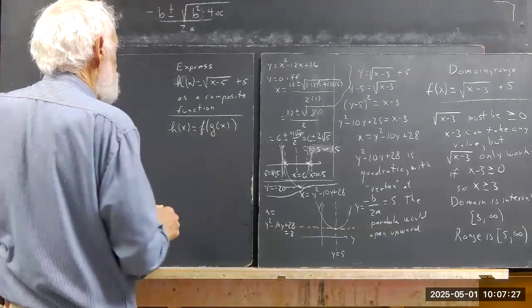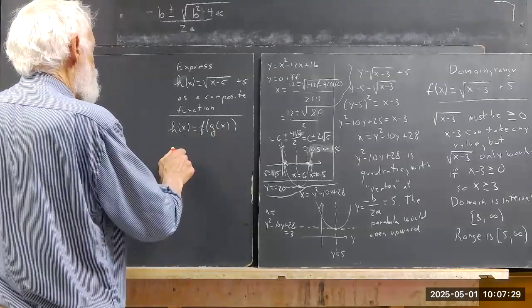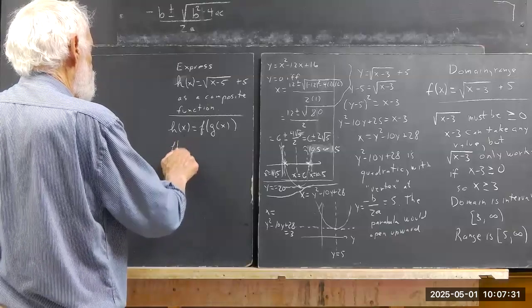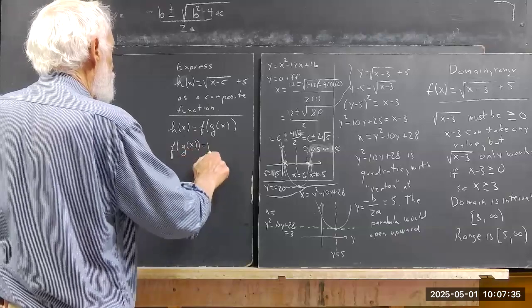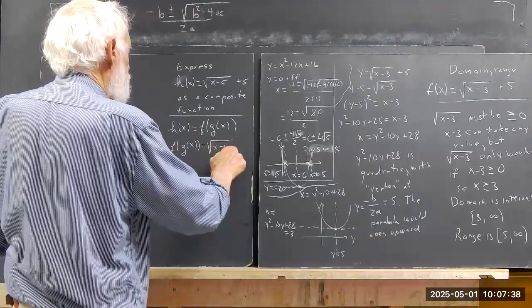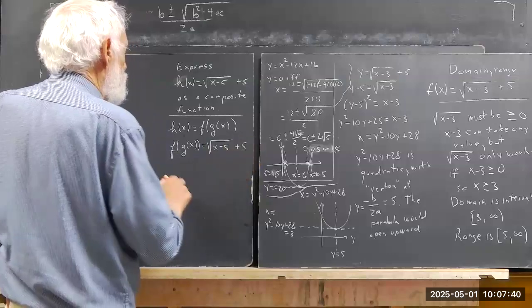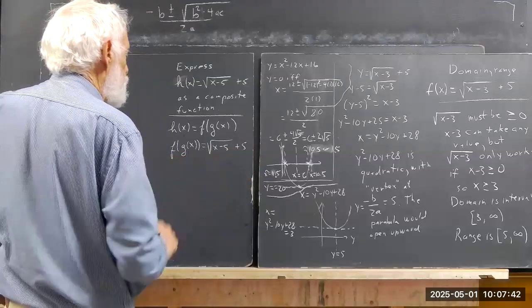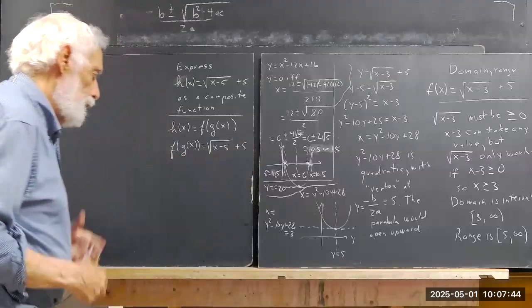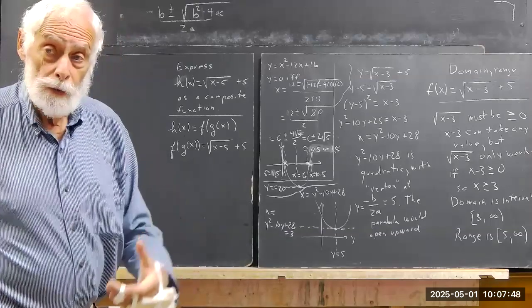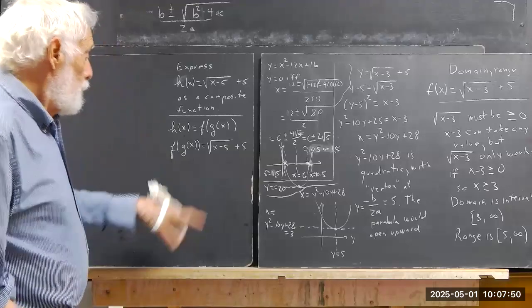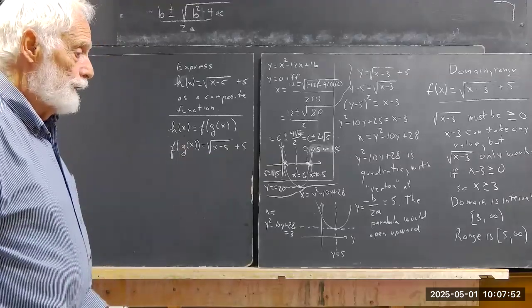We want to do an f of g of x to be the square root of x minus 5 plus 5. Now, the way I usually advise thinking about this, and there are other ways, is what's the first thing that happens to x?